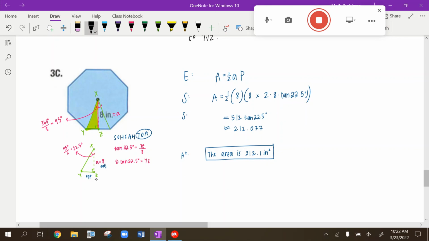I needed to use tangent since I had the adjacent and I wanted to find the opposite side. So I used tangent to find the length of YZ, that's what I decided to call it, and that helped me find the length of every side in order to plug it in for the perimeter. Once you plug it into your calculator, you should get 212.1 inches squared.